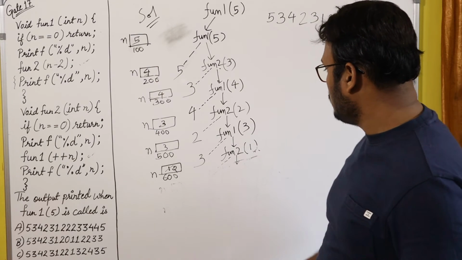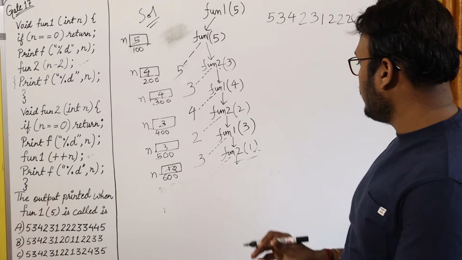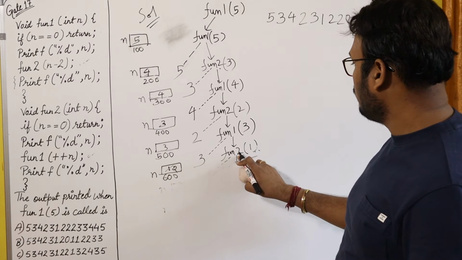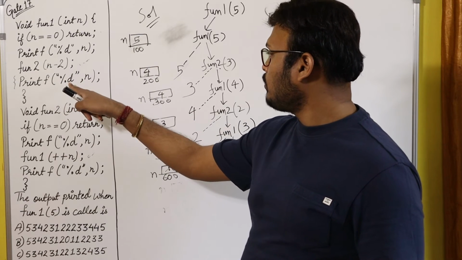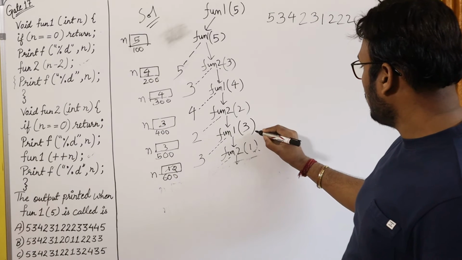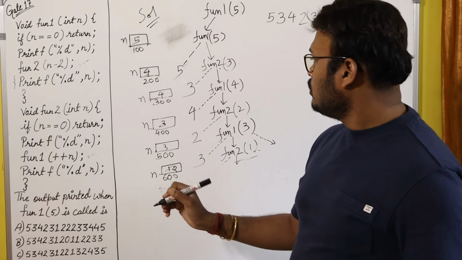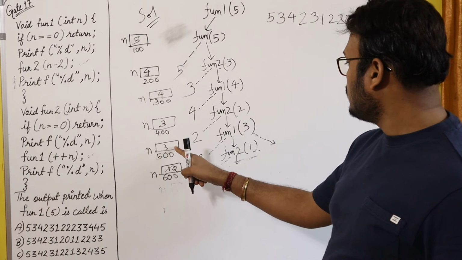So now you see this function has been executed. After execution of this fun2, this line is remaining. So now what value will be printed here? What is the value of n for fun1? It is 3.